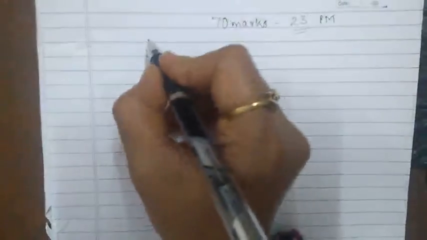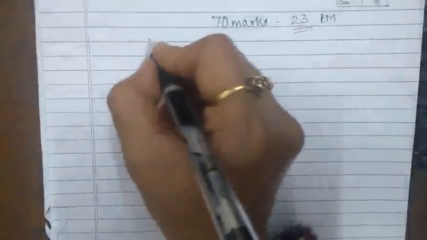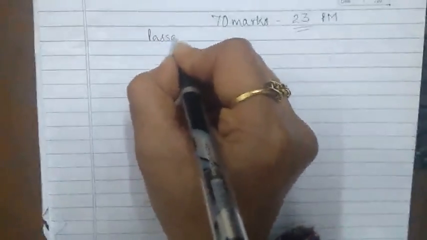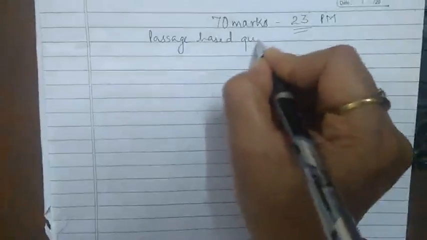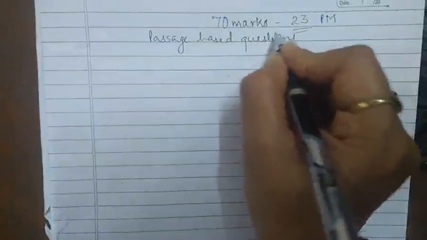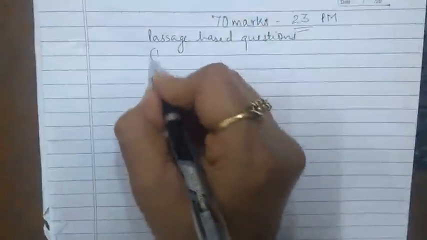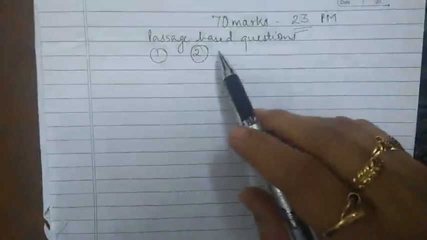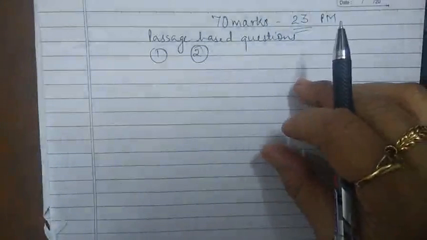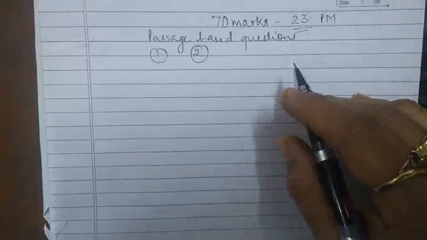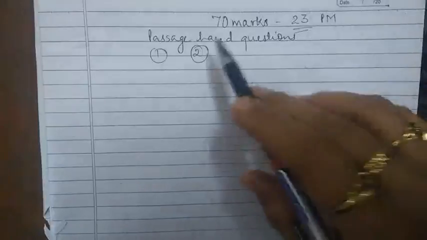Now, this time CBSE has introduced new questions, that is the passage based questions. Question number 1 and 2 are passage based questions. In these I have given a passage to you, and on the basis of that passage I have given 4 MCQs related to that passage.